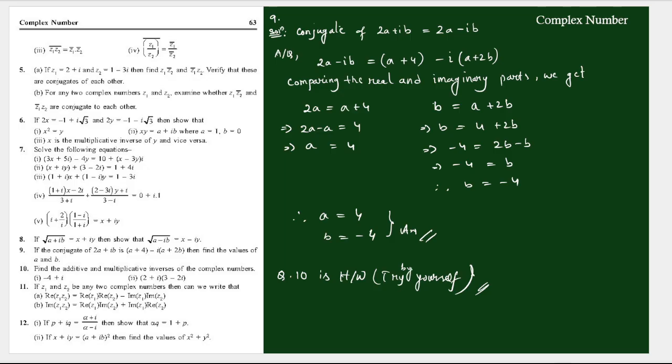Then what is 11? If z1 and z2 be any two complex numbers, then we can write that real part of z1 z2, multiplication, is equal to real part of z1 into real part of z2 minus imaginary part of z1 imaginary part of z2.